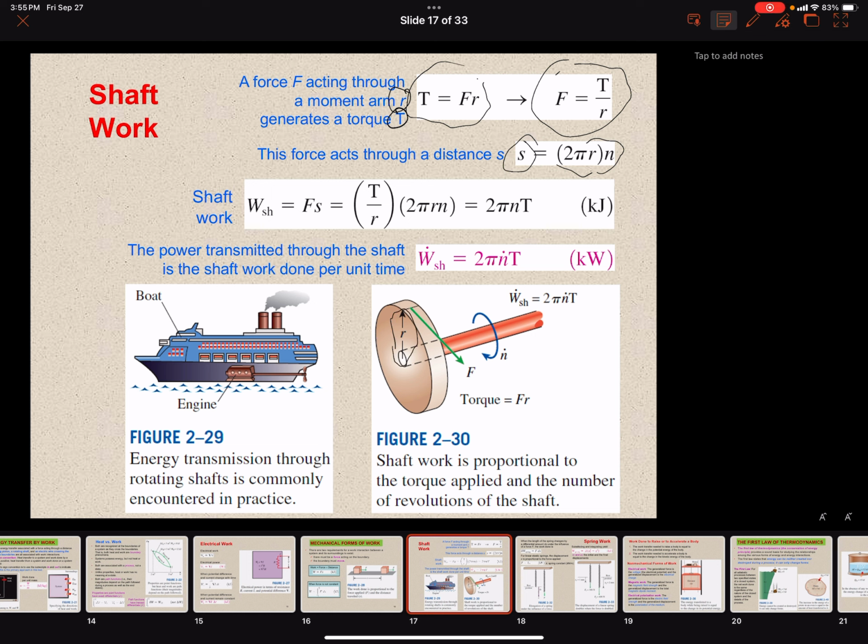We consider the radius and how many times it is rotating. We put these two equations together, and we know the work will be force multiplied by distance. When we change the form of the formula, it becomes like this. For s, the number of revolutions, it will be this. So R cancels with R, and we are left with this equation. This is the power transmission through the shaft, the shaft work done per unit time. This is the equation you will see.